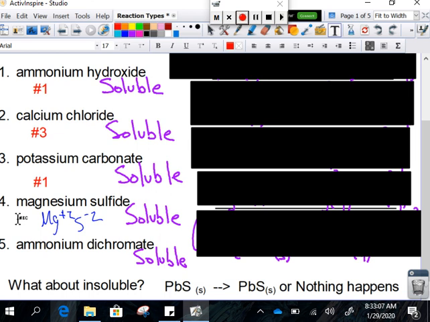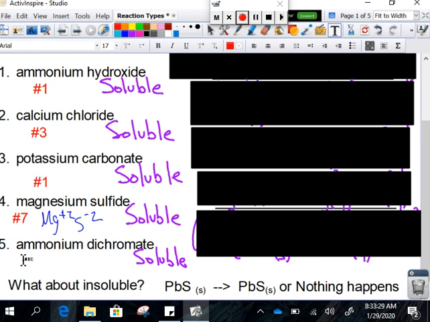This one here, magnesium sulfide, I feel like that's rule 7. I don't have a sheet in front of me, so you have to look carefully, and I know that either 6 or 7 says that sulfides are insoluble, and then it lists magnesium as being an exception. I just can't remember which rule it is, so don't quote me on that one.